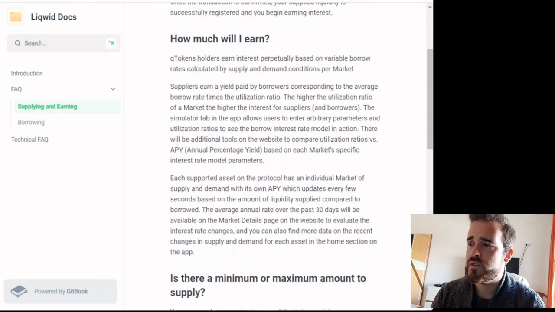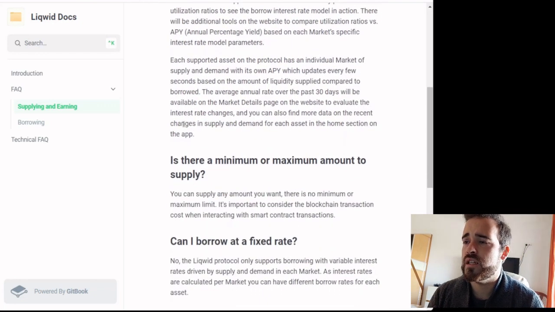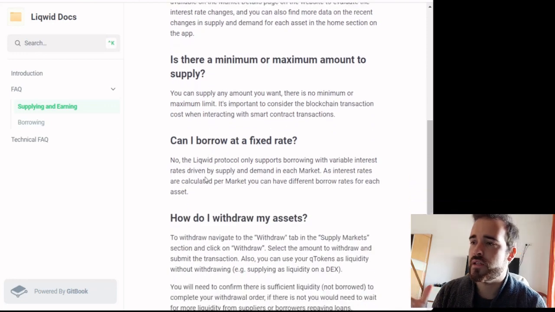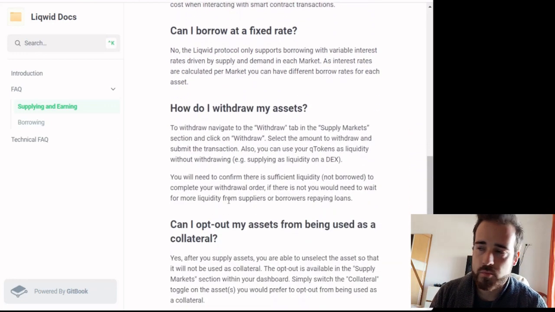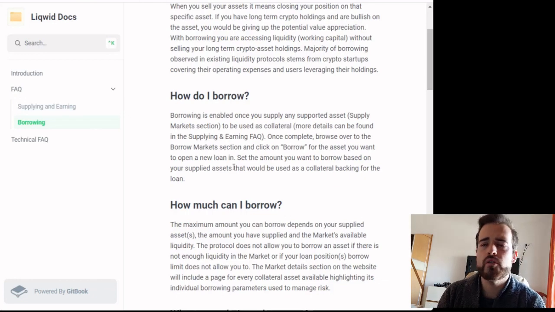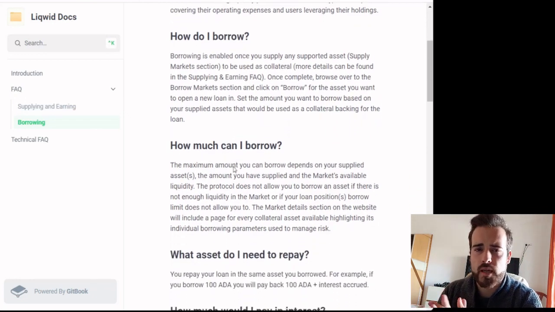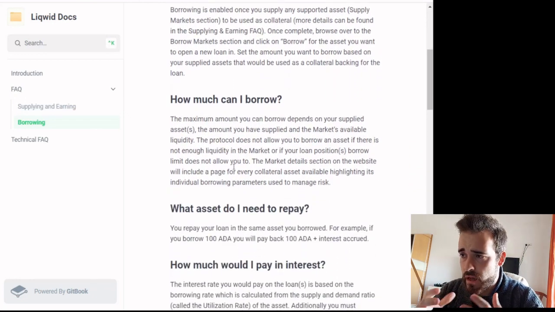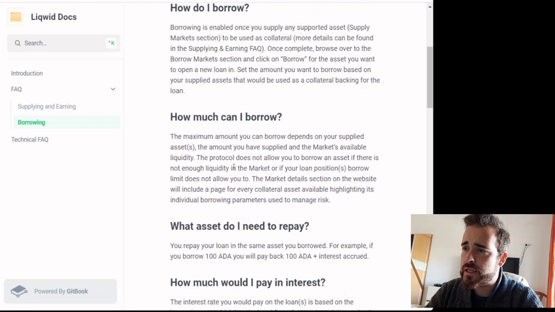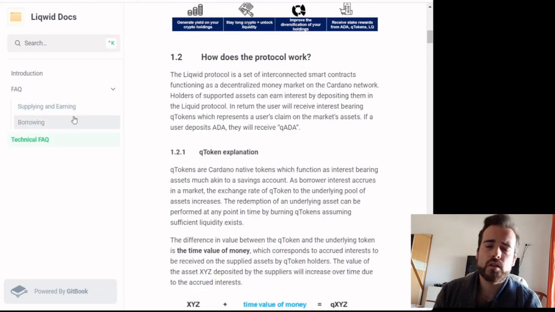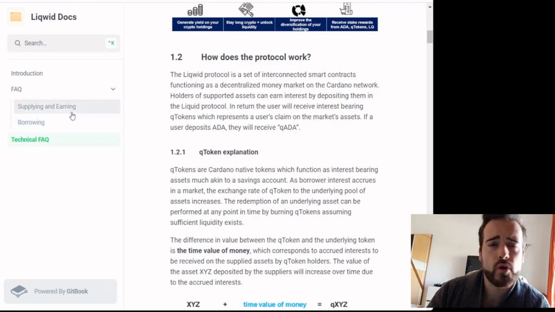Another thing you can do that is very important with your qADA is use it as collateral to borrow assets in the protocol. Whenever you do that, any interest you earn by supplying assets to the protocol just helps offset the interest you need to pay from borrowing assets, okay? In Liqwid, it's also very important to notice that, as stated here, you cannot withdraw at the fixed rate.